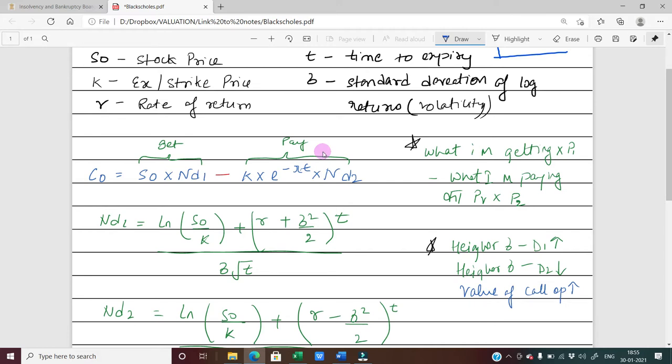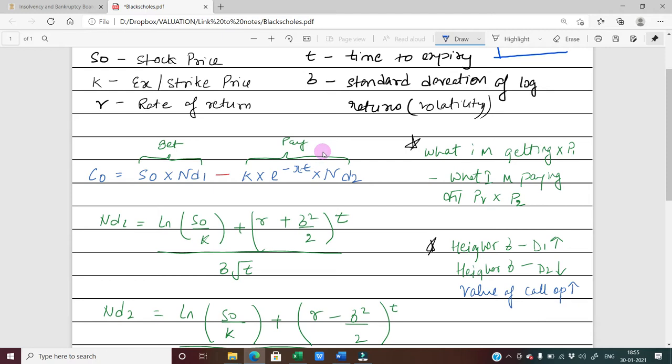Now let's come to the calculation of N(d1) and N(d2). These two are weird, difficult looking formulas, but you have to remember them from an exam point of view, and you have to learn this. We will learn how to use this formula in Excel, because on paper and pen it will take very long to calculate.